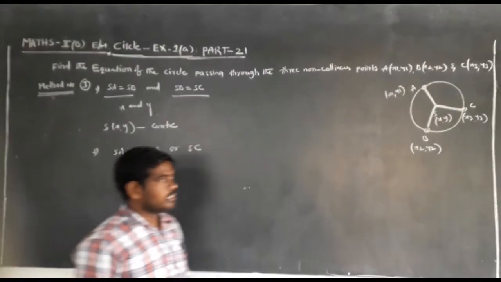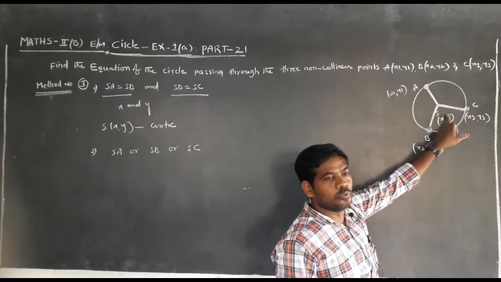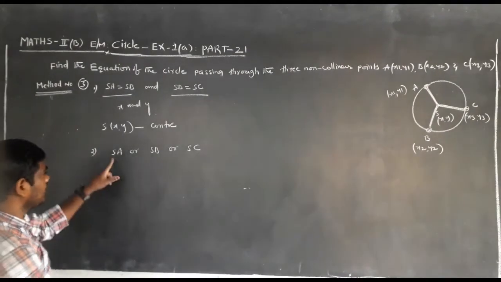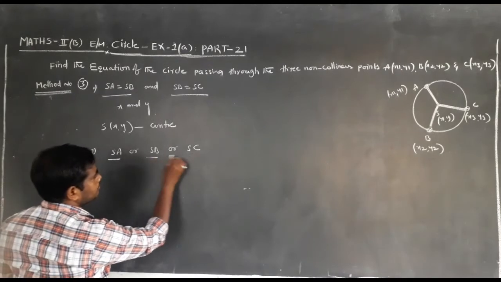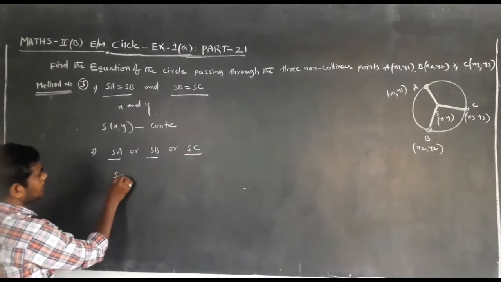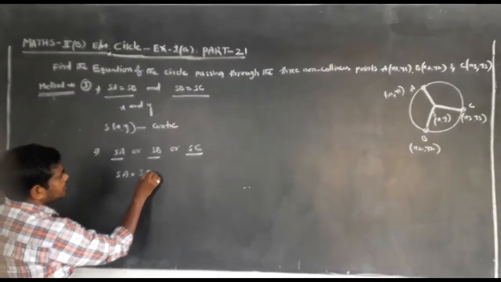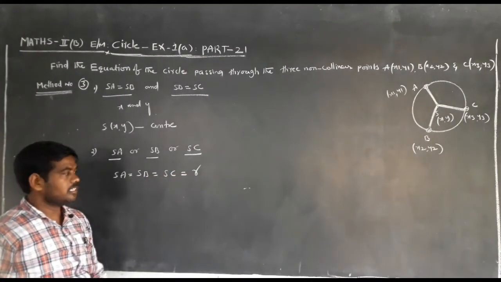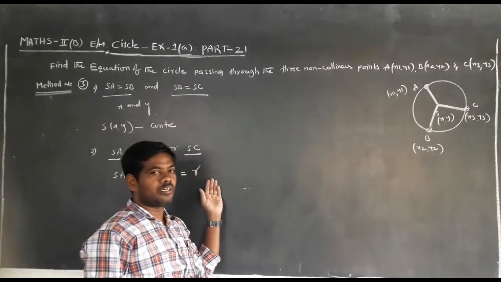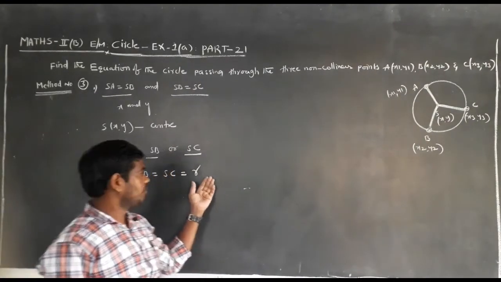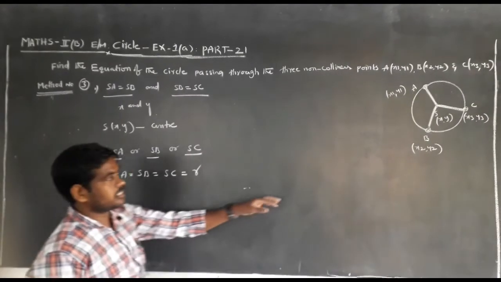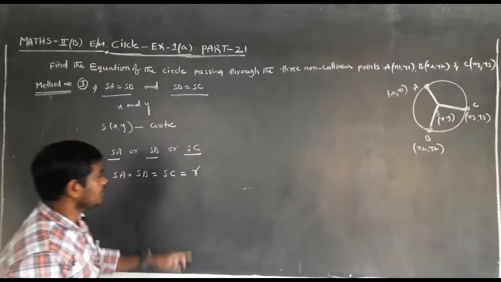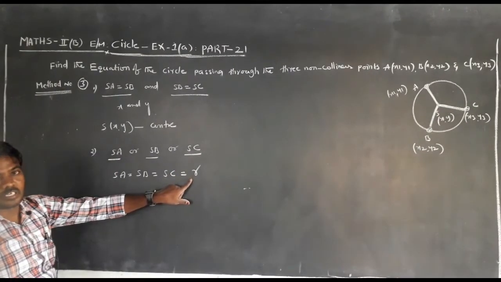Find the distance from the center to any one of the points A, B or C. Here SA is equal to SB is equal to SC, which is the radius of the required circle. The distance from the center to any point on the circle is the radius of the circle.